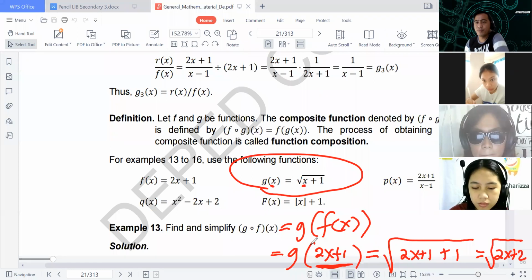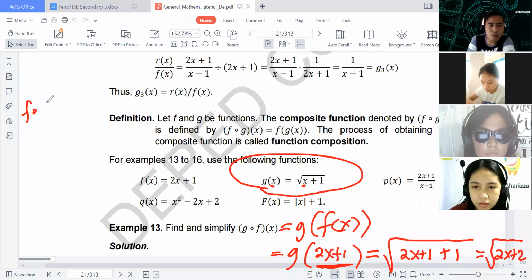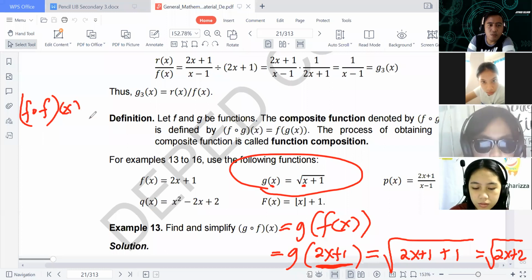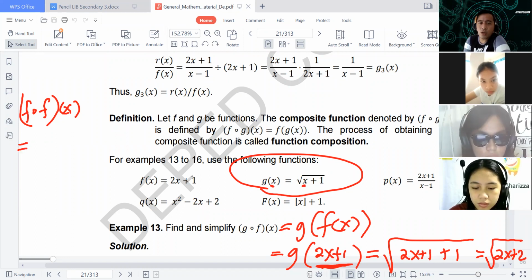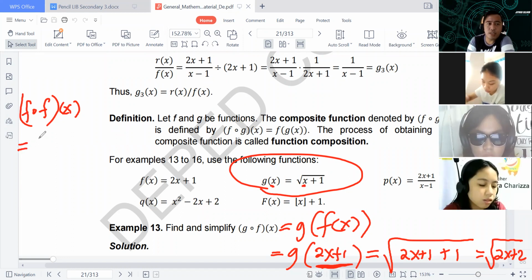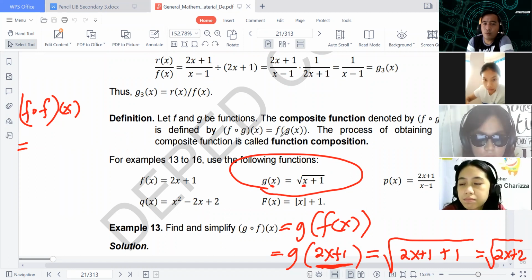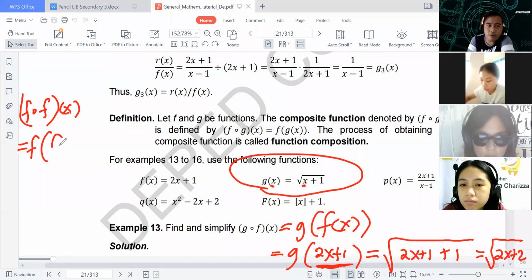Question. Okay, I will give another example. How about I ask, what is the composition of function of f and f of x? We use the same definition of the function. So, if we are going to perform this, as said earlier, it will be f of f of x.